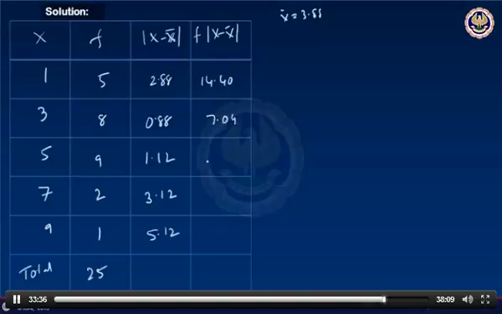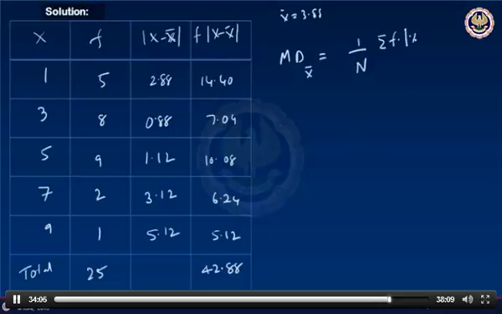7.04, and 10.08, and 6.24, 5.12, and the sum of all these values is equal to 42.88. The mean deviation from mean is computed as follows: 1 by n of summation of f into modulus of x minus x bar.